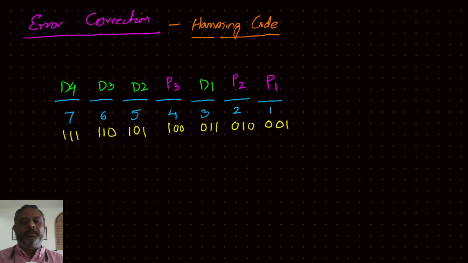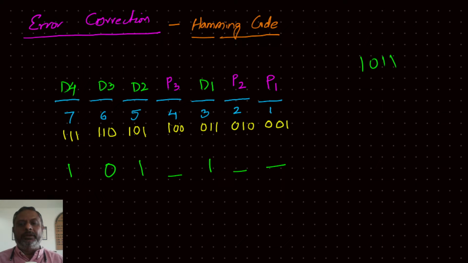Okay, that's a protocol, and how it is used is whenever a data is given, say 1011 is to be transmitted, then we have 1 here, 0 here, 1 here, and a 1 here. So this we need to calculate, this we need to calculate, this we need to calculate.